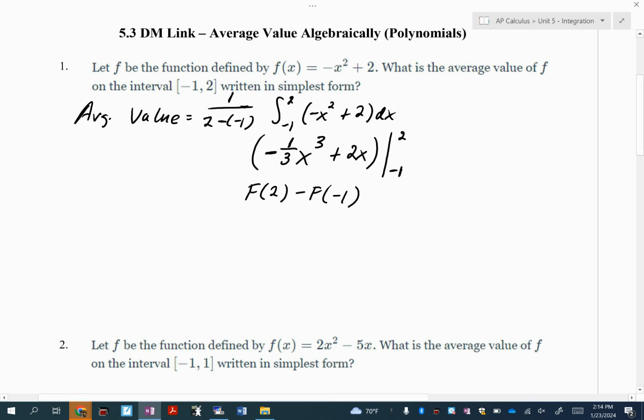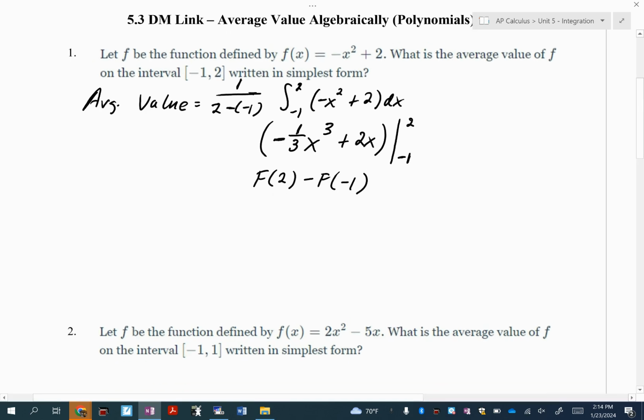Remember why I used the capital letter F? Because it's the antiderivative. Remember, what did I choose as my C value? 0, very good, right? Always choosing 0. No reason to choose anything but 0 unless they tell you to find your C value.